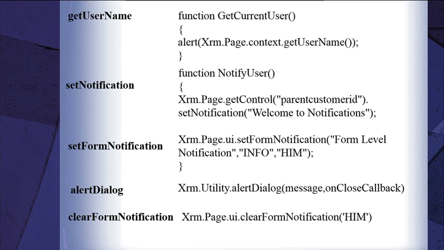And this is the unique ID that we want to give to this form notification. When we want to clear it, we go to form clear notification and pass this ID, and it will clear the form notification that we applied using this unique ID.